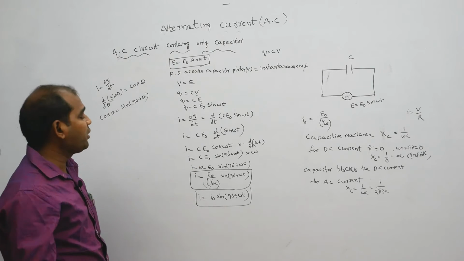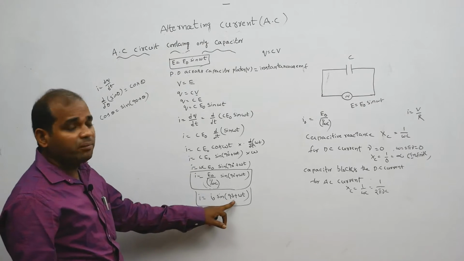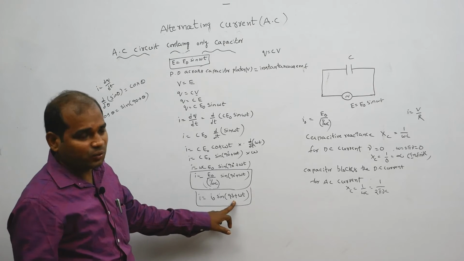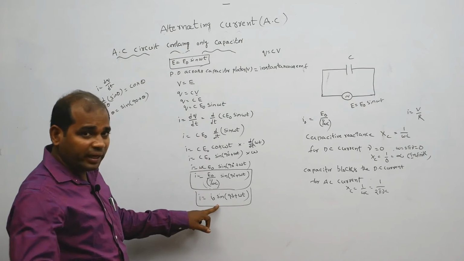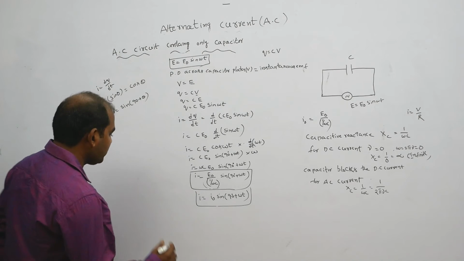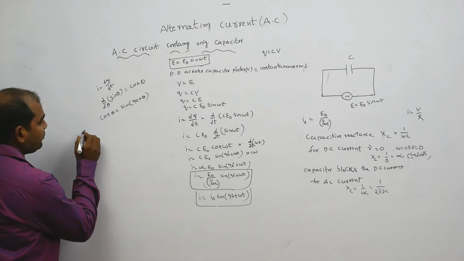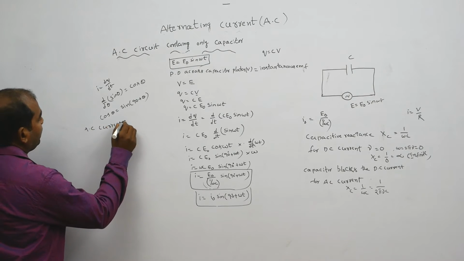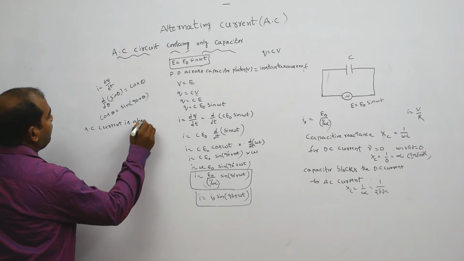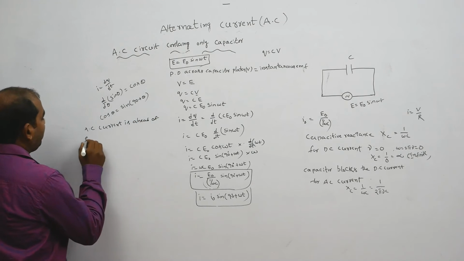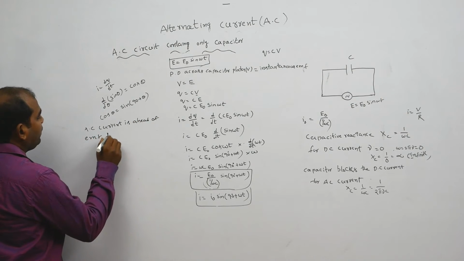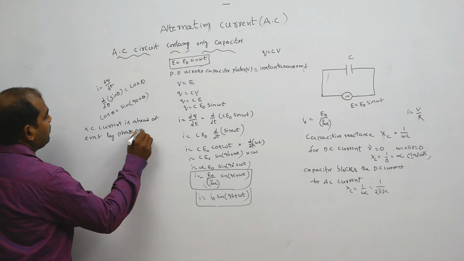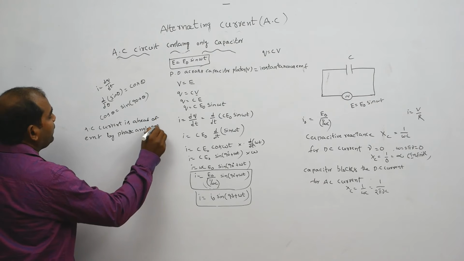Whereas in the case of an inductive circuit, we get 90 minus omega t. It means the current is lagging in the inductor circuit. In the case of a capacitor, the AC current is ahead of the EMF by phase angle 90 degrees.